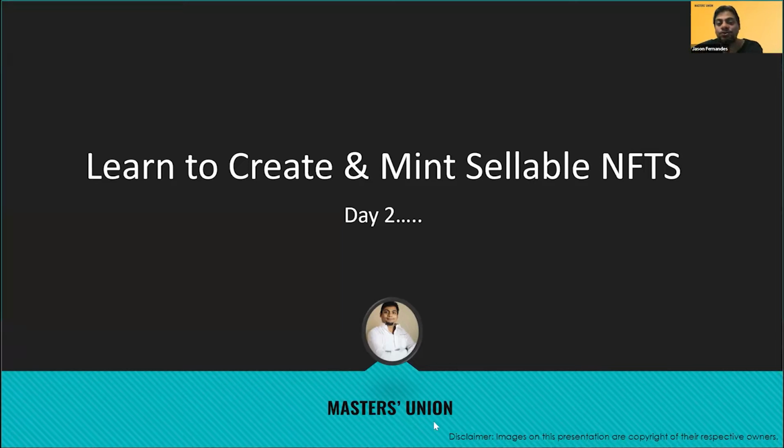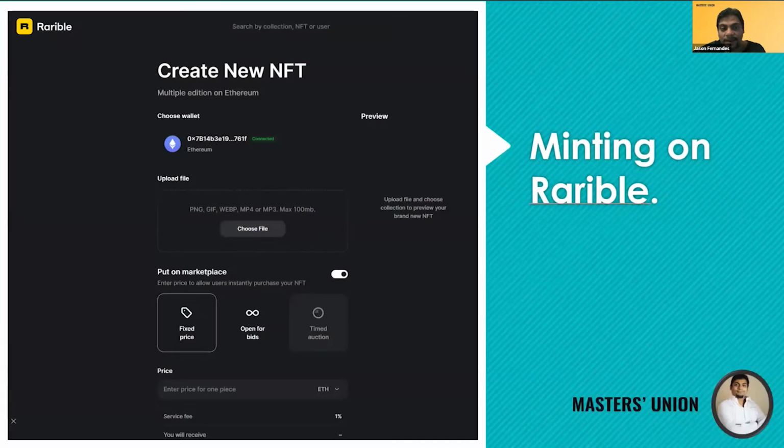This is day 2 of the session, and let's get started. The first thing we discussed last time was how to create a MetaMask wallet, and then how to sign up for Rarible. So right now we're going to jump directly into creating an NFT and uploading it. Let me share another window right here.